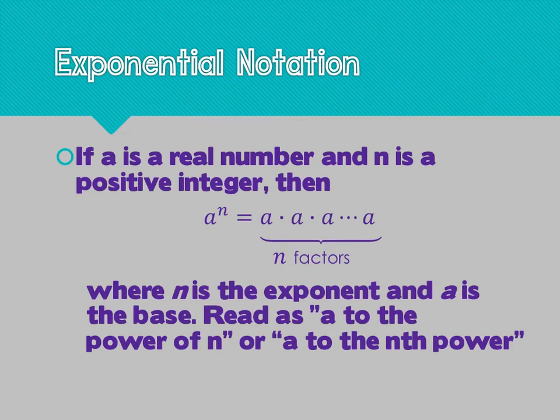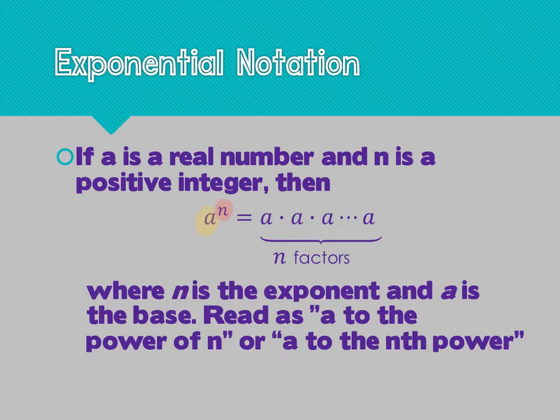Exponential notation has different parts. So if A is a real number, which just means it's not imaginary, which we won't talk about for a while, any real number, and N, which is going to be the exponent, is a positive integer, then we say that this is the base. So here the big number is the base. What it's being raised to is the exponent, so it has parts to it.